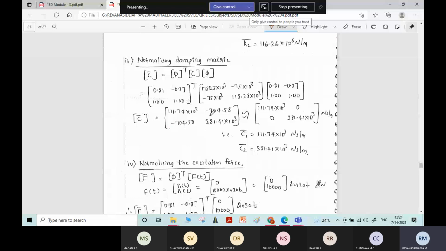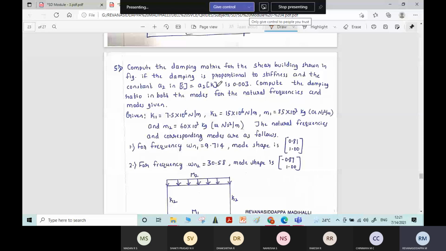And this fifth problem is a specific problem. Just go through it. Compute the damping matrix for the shear building shown in the figure, if the damping is proportional to the stiffness and the constant A2 in C equal to a1 into K. Damping matrix C is equal to a1 into K, where the constant is 0.003. The constant is given as 0.003.